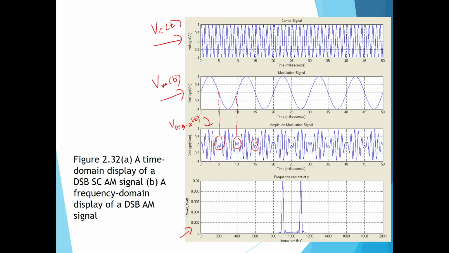Every time the VMT crosses the zero axis, something will happen at the output. What is that something? It is this thing.